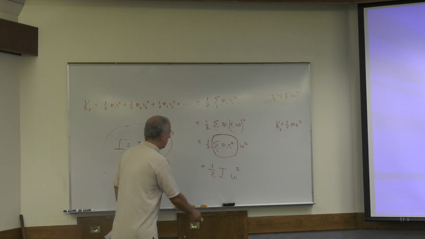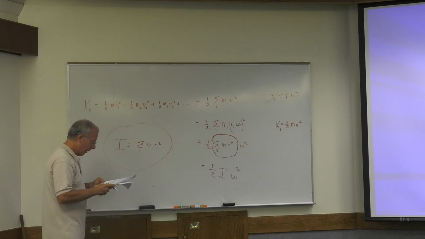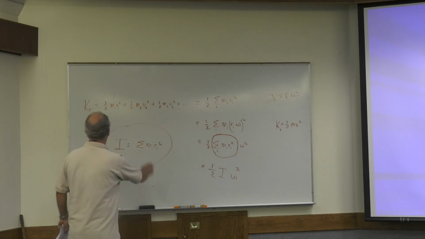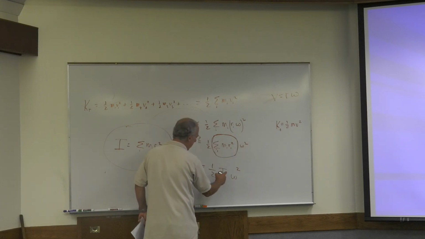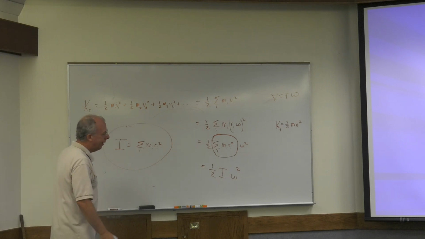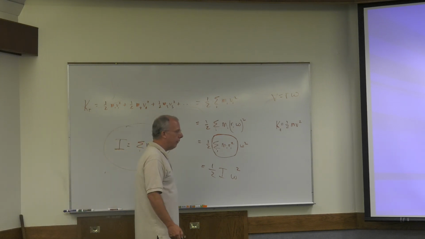So now we have the equation for rotational kinetic energy: 1/2 I omega squared. We're going to talk about this I, but just hold on. 1/2 I omega squared, just like 1/2 mv squared.